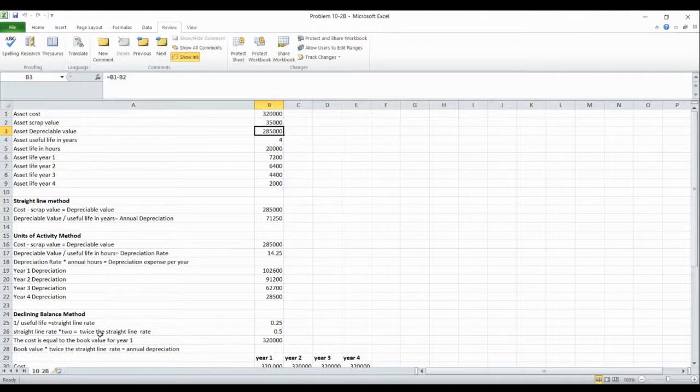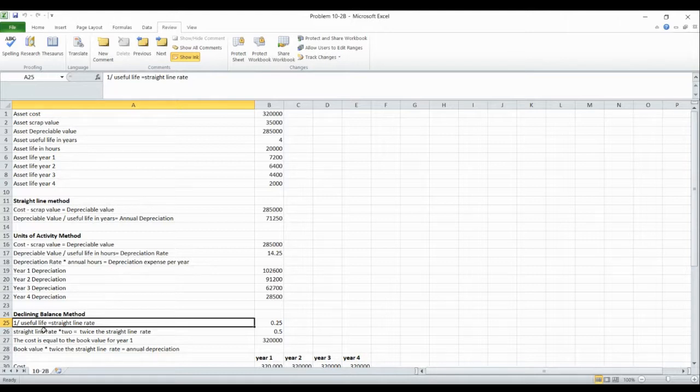The declining balance method, first of all, you have to determine a straight line rate. To determine the straight line rate, what we will do is we will take 1 and divide it by the useful life in years. I should have put useful life in years here, class, but I want to emphasize to you that it is the useful life in years.